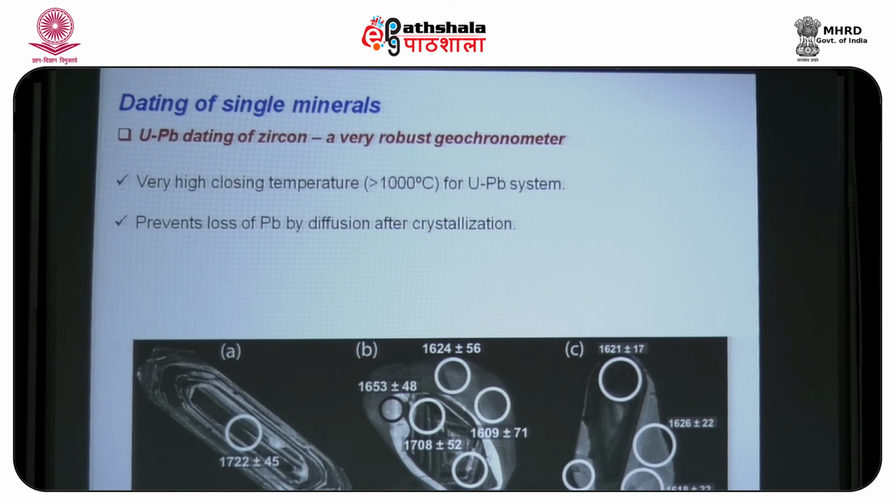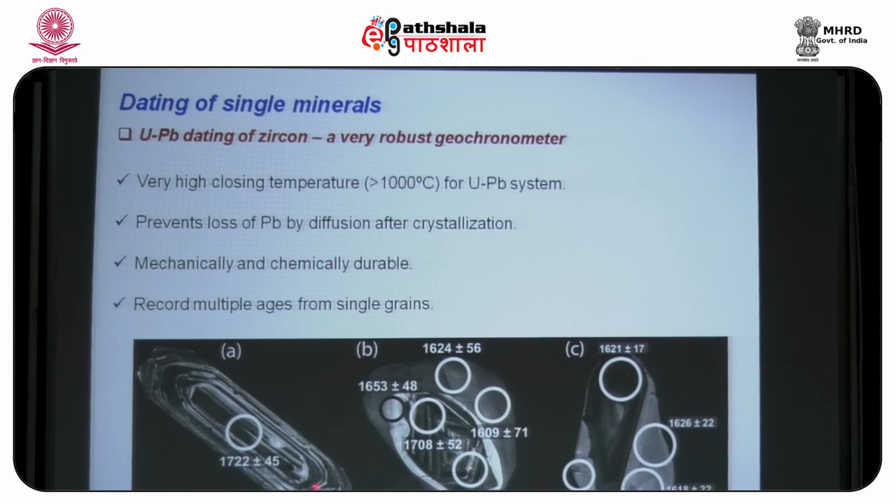So, the ages remain intact for a very long time, and the mineral is also mechanically and chemically very durable. So, it can withstand weathering and erosion, and it can record multiple ages from a single grain. Another important factor is that with the development of new imaging and analysis techniques, we can record multiple ages from single grains.